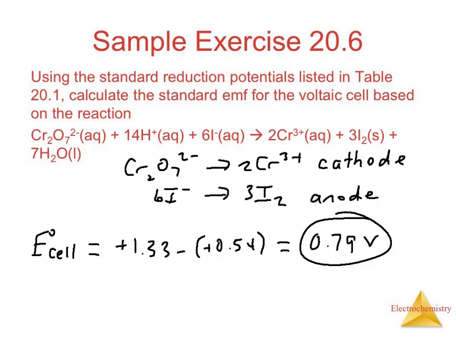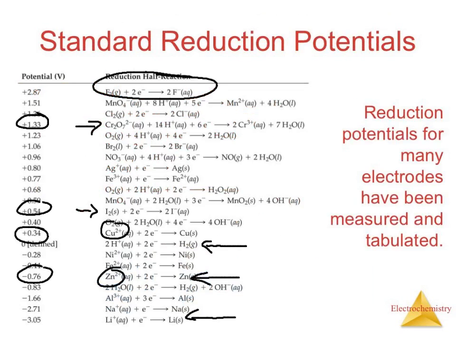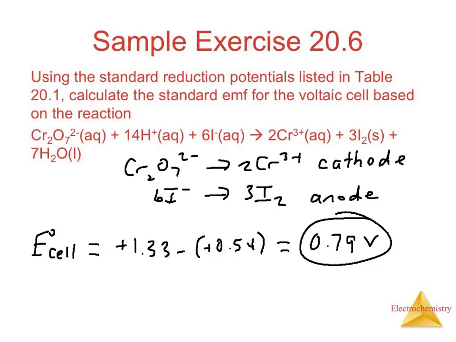So the voltage is just what it is, okay? You just look at the chart and it will tell you, okay? You just use the reduction potentials on the chart. So that's how you calculate this every time. Regardless of what the coefficients are in the balanced chemical equation, you don't have to worry about those right now, okay? Alright, one more practice problem here.